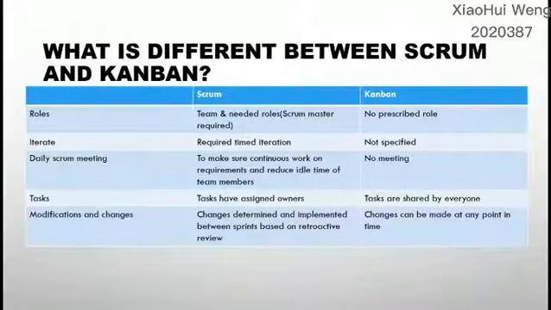Scrum and Kanban are agile frameworks whose effectiveness depends on the conversation of the team, the product or service to be delivered, the requirements or scope of the project, and the organizational culture.